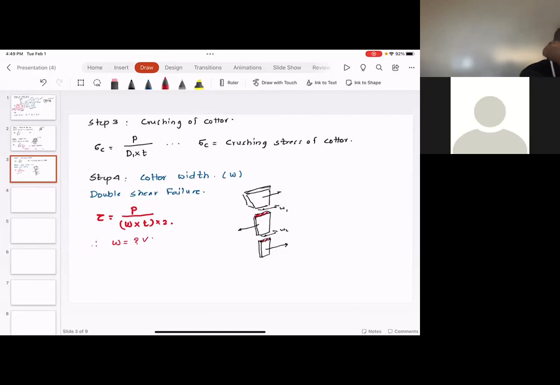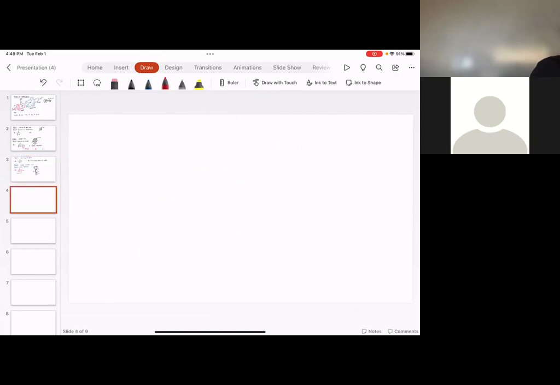Now, next thing is, we want to see the spigot extension. So step 5, spigot extension. Now, this is an interesting failure that I want you to understand, how this failure is going to happen.